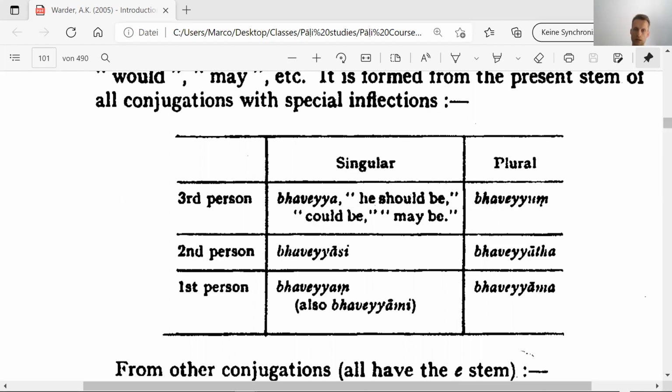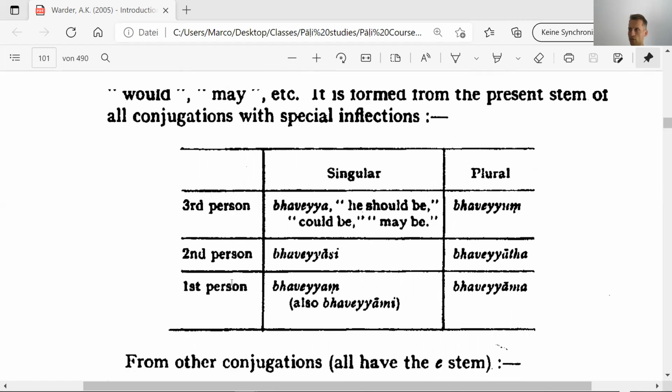Third, it can express a wish or invitation or a request. Fourth, a condition in which it is expressed by a relative or another subordinate clause on which the main clause depends. And fifth, it can also express assent.